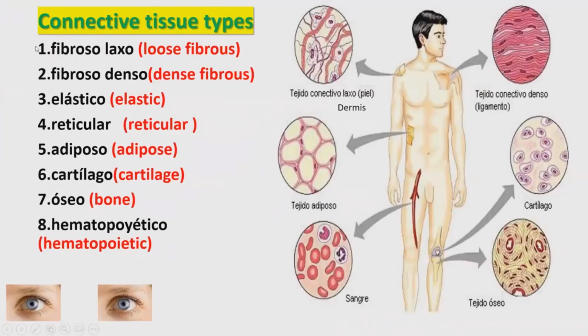And this better explains the different connective tissue types: loose fibrous, dense fibrous, elastic, reticular, adipose, cartilage, bone, and hematopoietic.